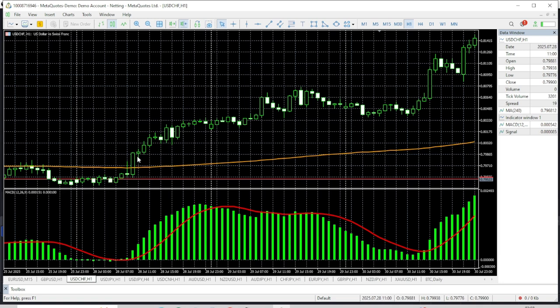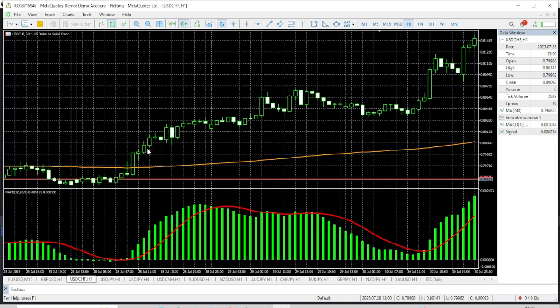This is the first candlestick that stays clear of the EMA 240. You see that the low is not touching EMA 240, and then here we are having higher highs and higher lows. That doesn't really matter, but it is something you can also take cognizance of.